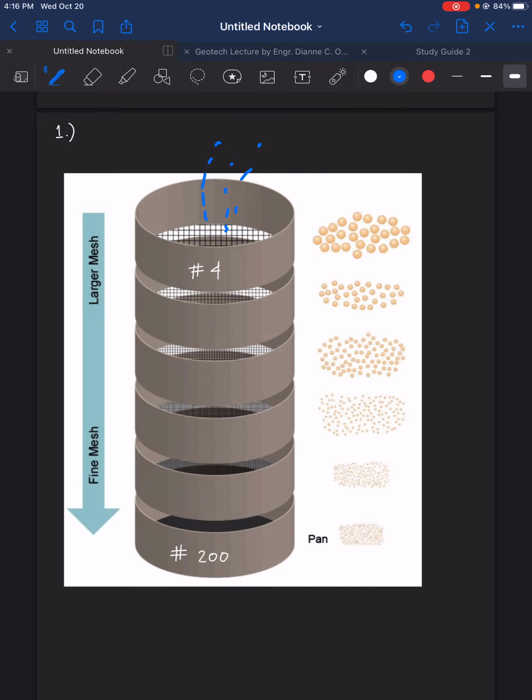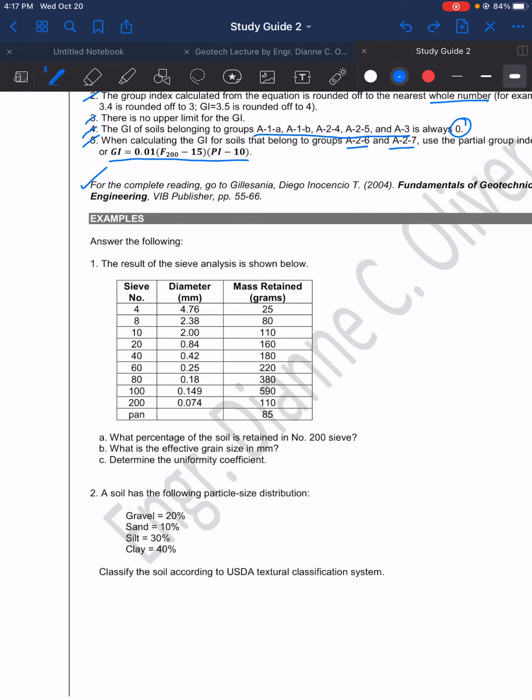Okay? So there are particles that will be left in the sieve. What we mean is they are retained in these sieves. Thus explains the mass retained.